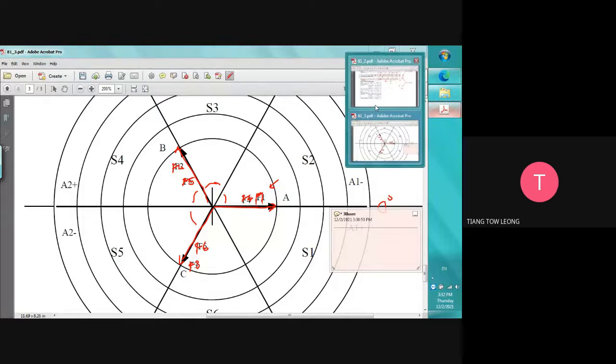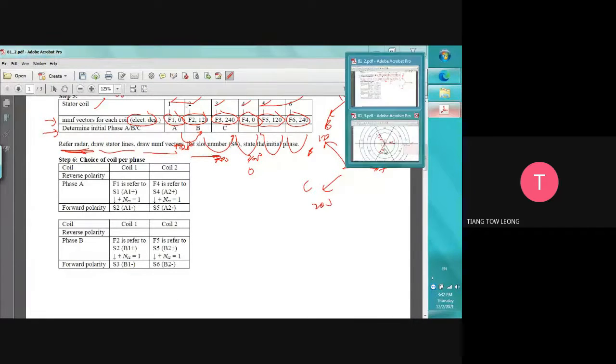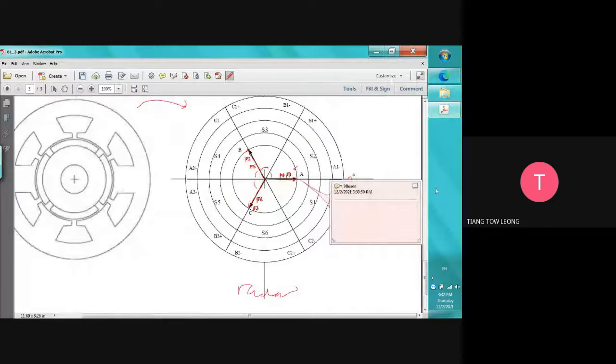After that, we need to list the slot numbers. How to list the slot numbers? Have a look. Usually I will list slot number 1 here, then this is slot 2, slot 3, 4, 5, 6 like this. So analogous to here, this is our slot 1, which is here.